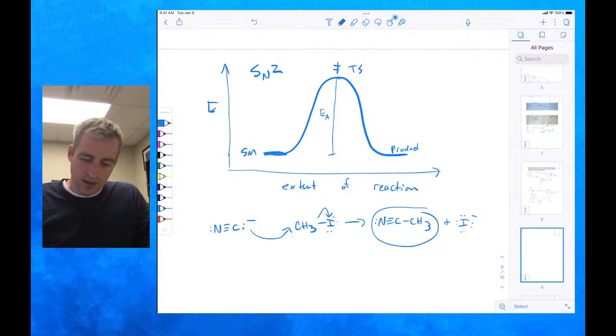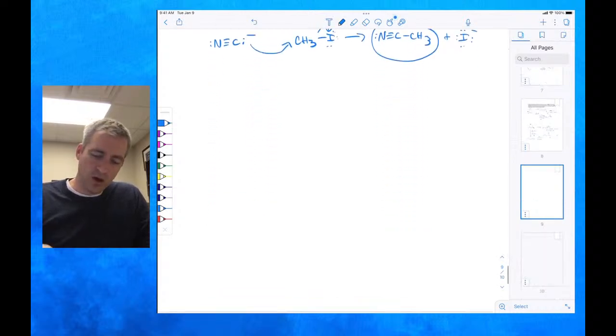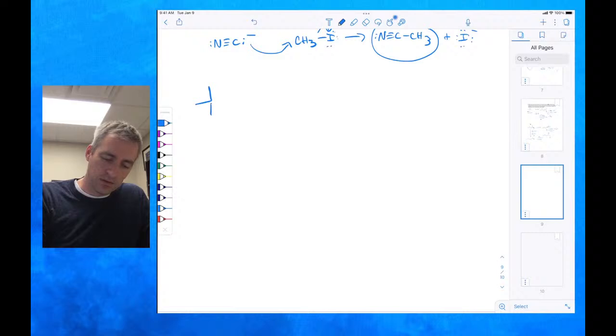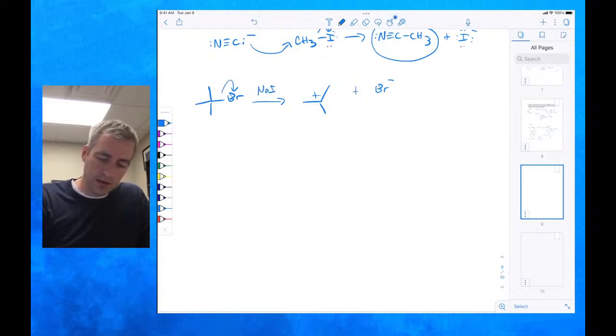If you have an SN1 reaction, this mechanism has two steps, and then we take some other nucleophile, like, let's say an iodide. Bromine goes out, iodide goes in.